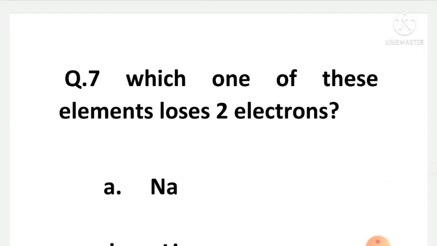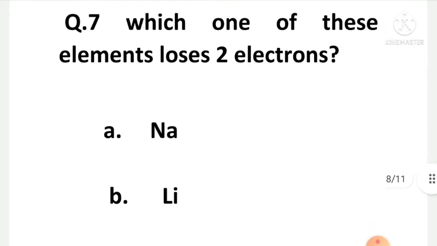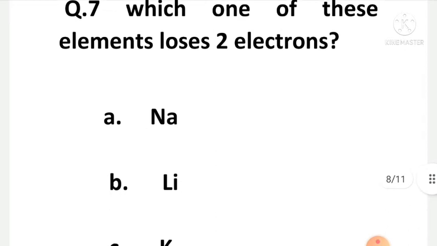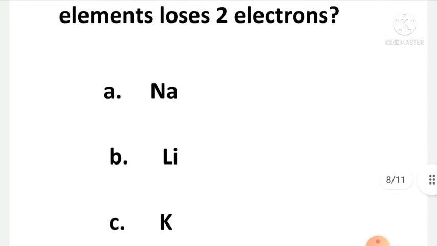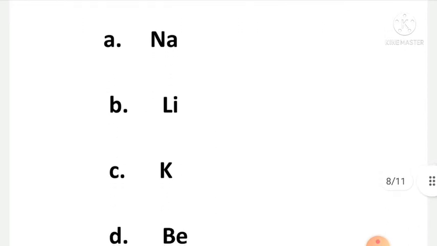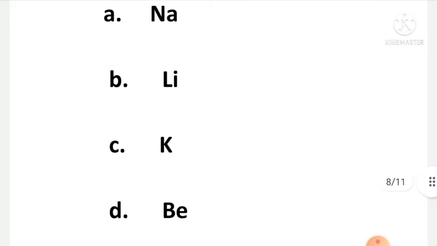Question number 7. Which one of these elements loses 2 electrons? Here options have been given: A. Sodium, B. Lithium, C. Potassium and D. Beryllium.